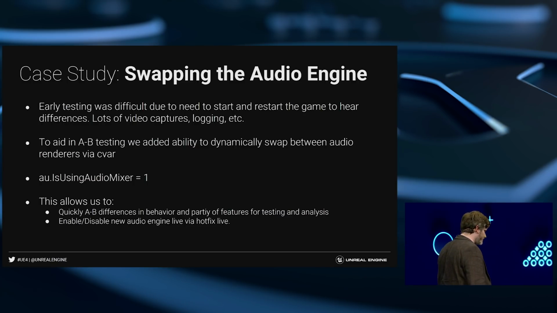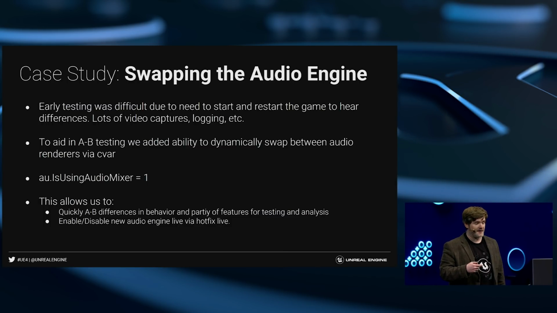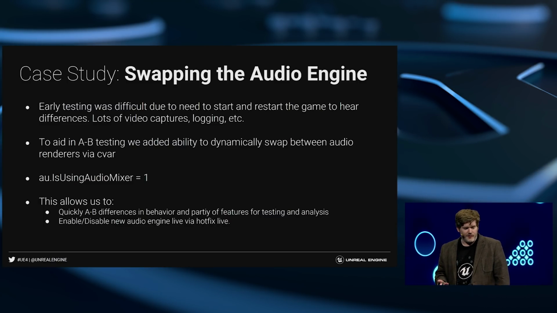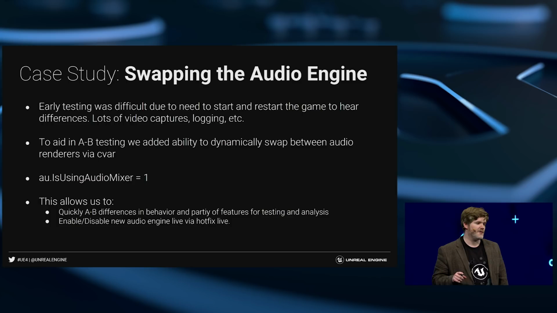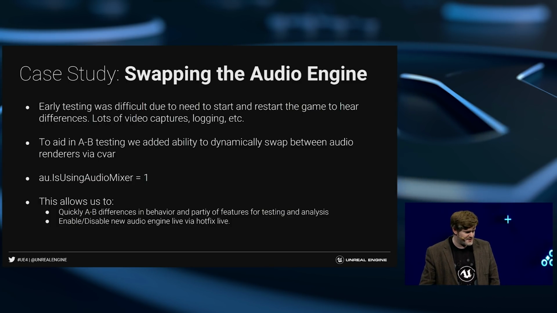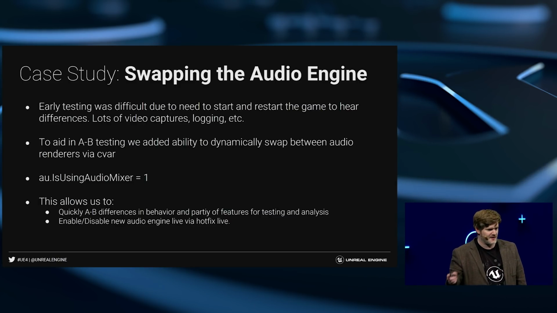So we tried a number of other things. We had a console variable or a command line that allowed us to quickly swap, but still required a restart. So we came up with a method to swap the audio renderer while the game is running using a CVAR. This is basically just au.IsUsingAudioMixer, and you say 0 to make sure that it's not using it, and 1 to make sure it's using it.